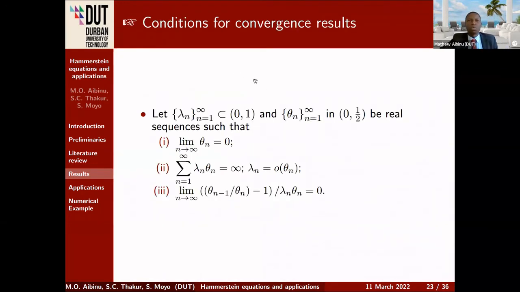Let's now look at the convergence result. Having transformed the nonlinear integral equation of Hammerstein type from integral form to abstract form, let's now establish the convergence result. We let lambda and omega be real sequences in (0, 1) satisfying conditions 1 to 3.